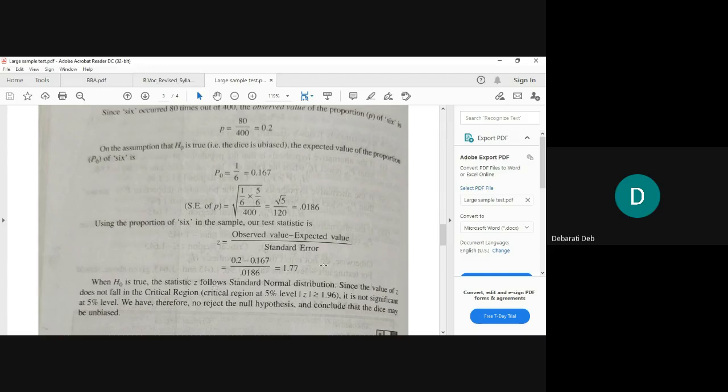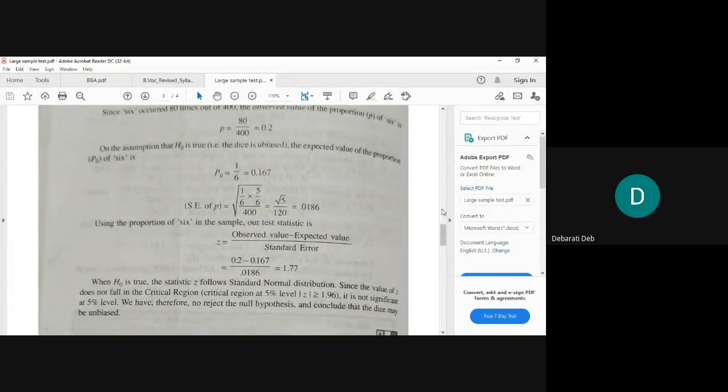Can anyone tell me? How is this numerator portion value coming as 5 by 6? 1 by 6 I know, but what is 5 by 6? Tell me. It's 1 minus 1 by 6. Yes, exactly. Who is this? Ayush. Okay, very good, Ayush.